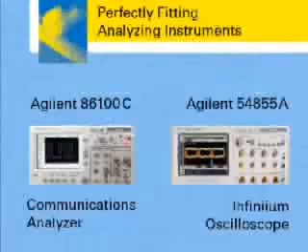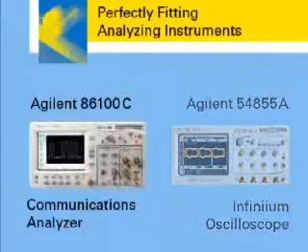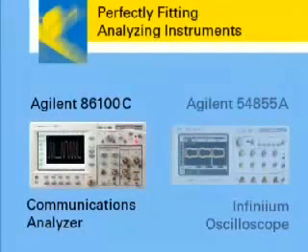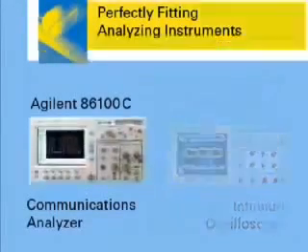We will use two different analysis instruments to show you some of the capabilities of the Agilent 81134A. The Agilent 86100C Digital Communications Analyzer with Jitter Separation, a sampling oscilloscope with up to 80 GHz bandwidth, and the Agilent 54850A 6 GHz Infinium real-time oscilloscope with 20 gigasamples per second.